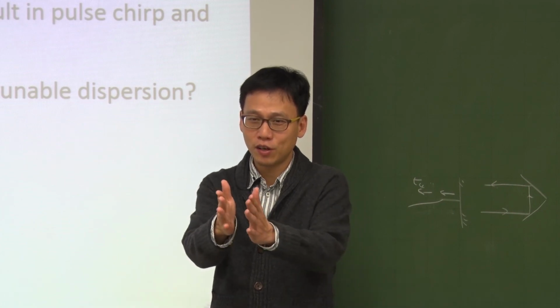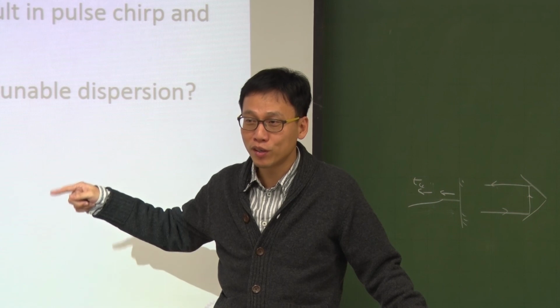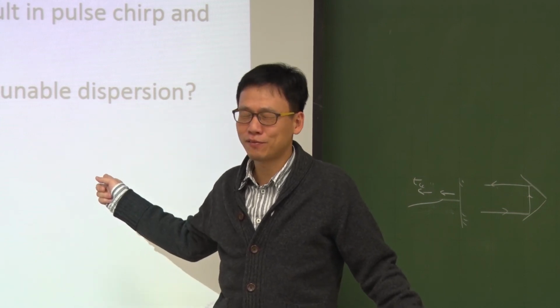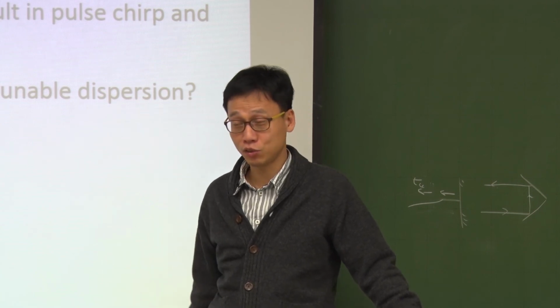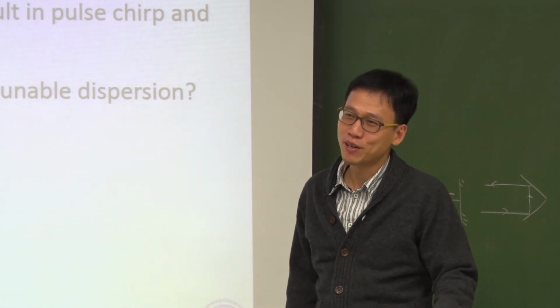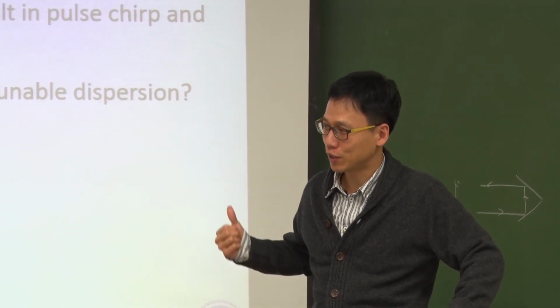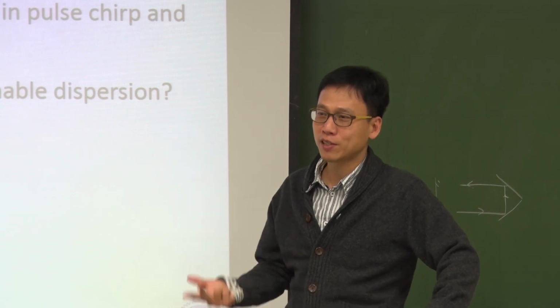If it's over a short, narrow bandwidth, it could be 99.9%, even higher. 刚刚那个是非常宽，所以你是90% 以上。如果频宽窄一点，它可以99.9%。Grating pair 不可能做到这种 efficiency. 所以 grating pair higher loss, worse compression, but flexible, it's tunable.